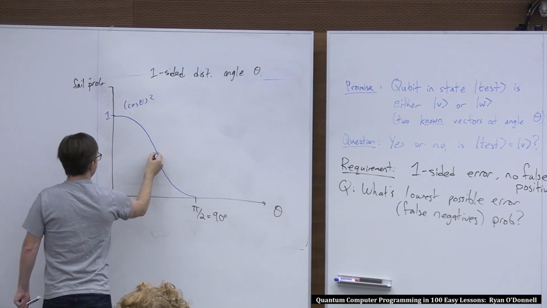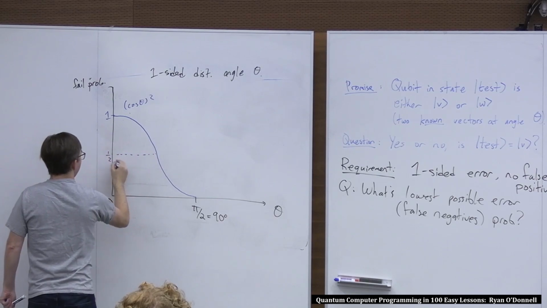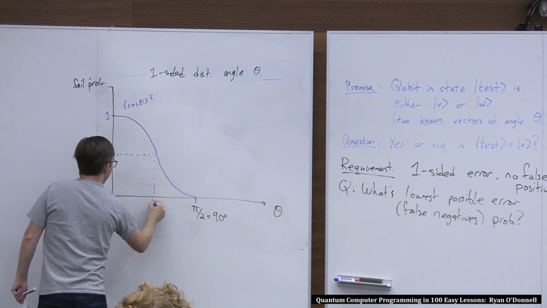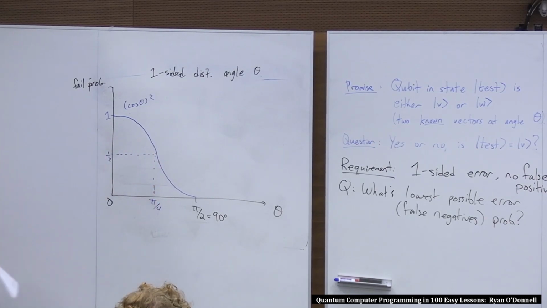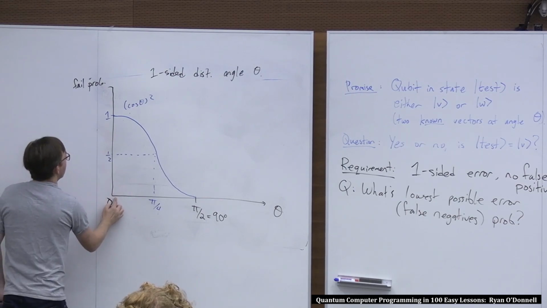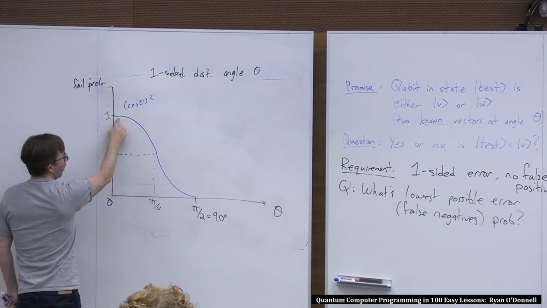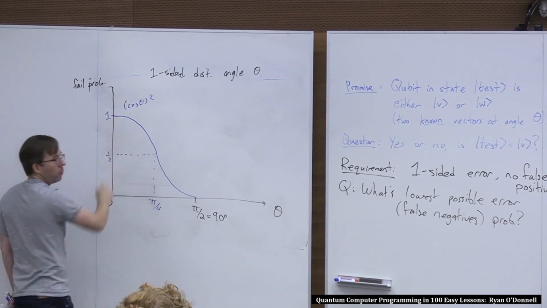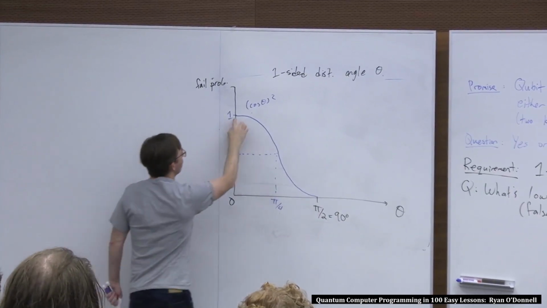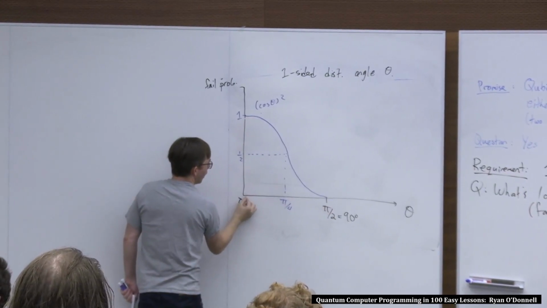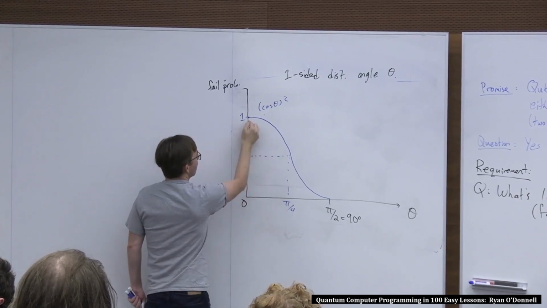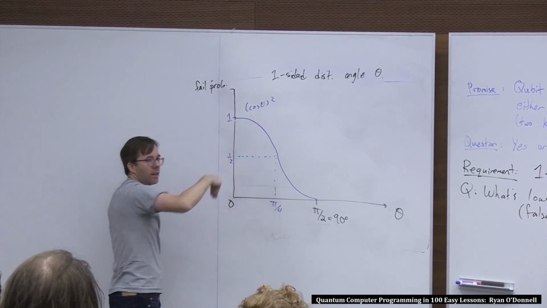It's a half at pi over 4, 45 degrees, and so forth. And it ought to make sense. When theta is really teeny tiny, your failure probability, your false negative probability, is practically 1. And you can see even the curve is very flat here. If you go out 1 over n of the distance here, the amount down you go from 1 is 1 over n squared.